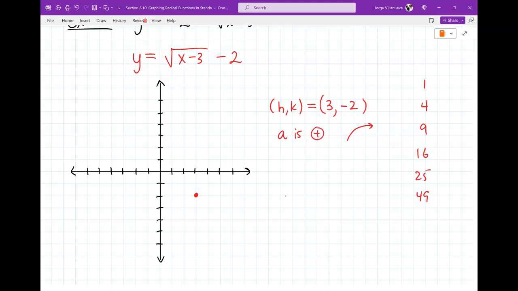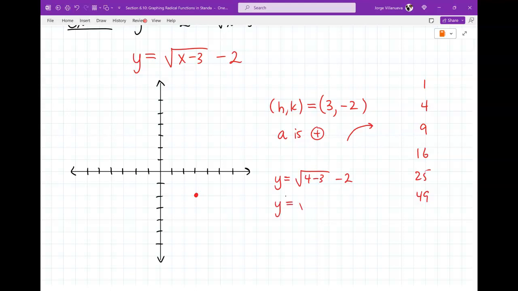So right now I'm at 3. What would be my next point that actually has a square root bigger than 3? 4. So let's try a 4. Okay? But look what happens when I try a 4. Not that anything bad's going to happen, but let's just check it out. So y is equal to the square root of 4 minus 3, minus 2.